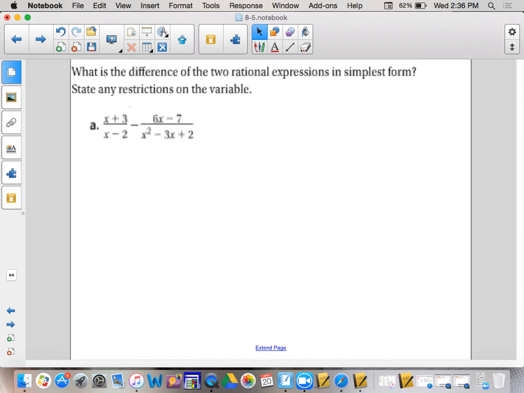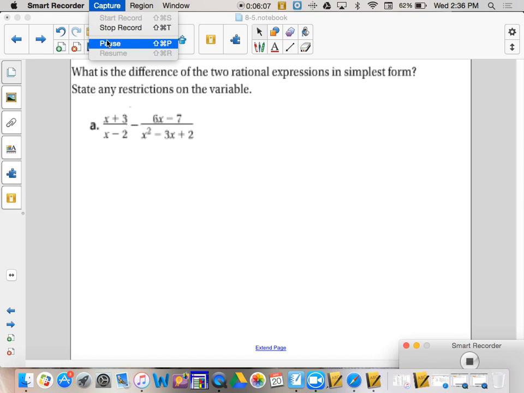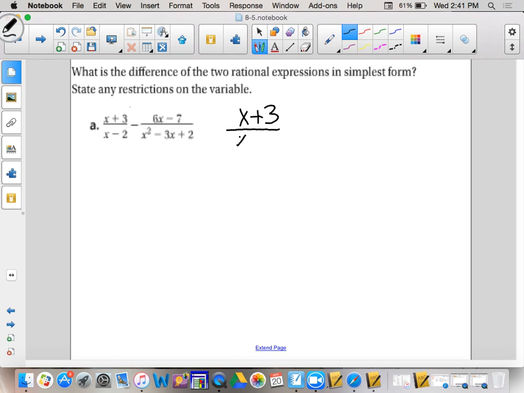Okay, the next one is x plus 3 divided by x minus 2, minus 6x minus 7 divided by x squared minus 3x plus 2. Okay, so complete factor form. So none of that can be taken down anymore.